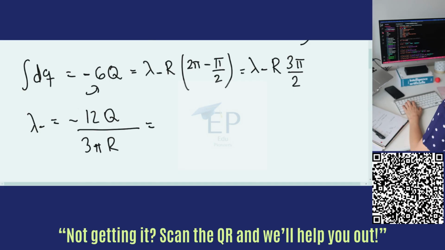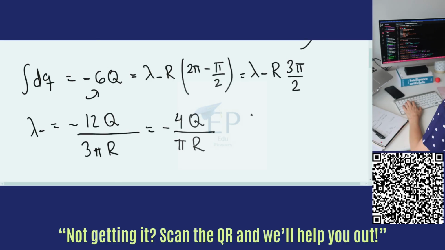We can simplify this further as minus 4q over pi r. So this is for the negative segment.